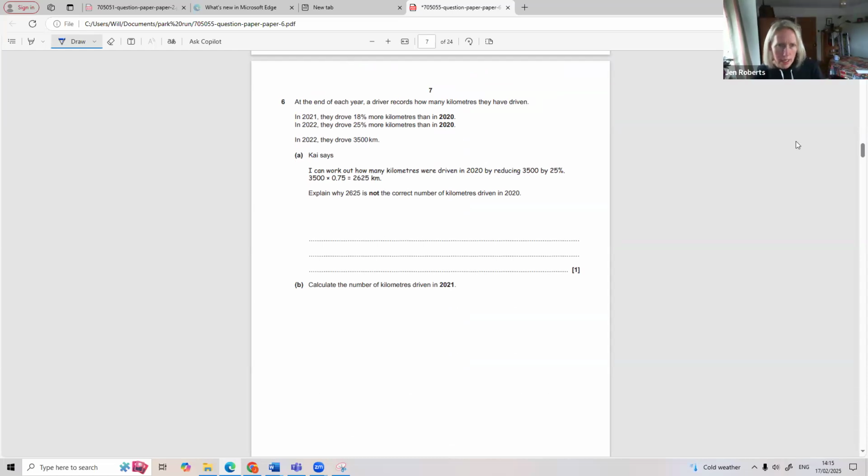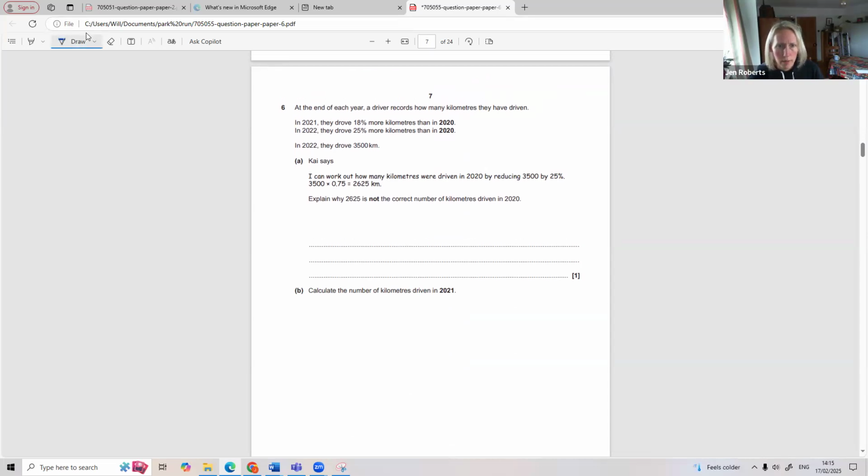Okay, question 6. At the end of each year, a driver records how many kilometres they have driven. In 2021, they drove 18% more than 2020. Let me just make a note of that. 2020, 18% more than 2021.